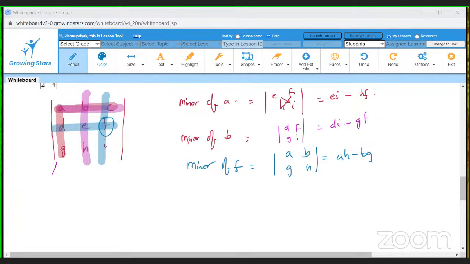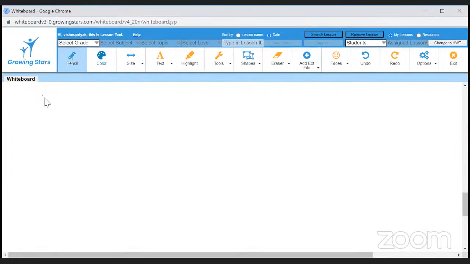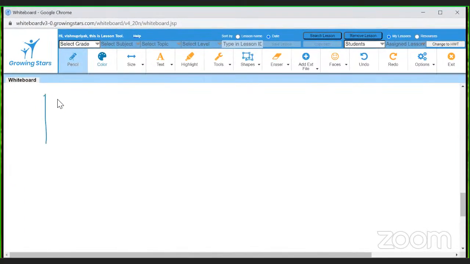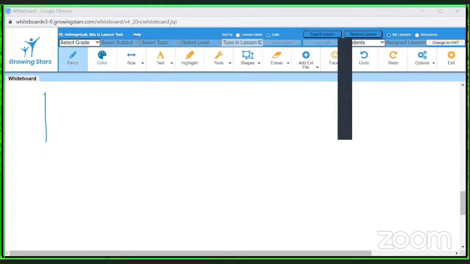Okay. So now I will give you a determinant. You have to find the minor. Yes, I'm giving you the matrix.